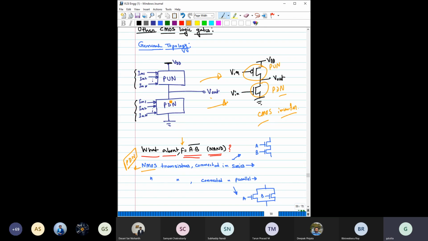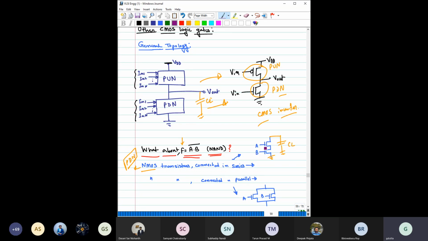So from this perspective, we can definitely say that NMOS is used in the pull down network. You have connected some load here, and this is grounded. So I've connected a load capacitor here, and the two NMOS, A and B, are connected in series.